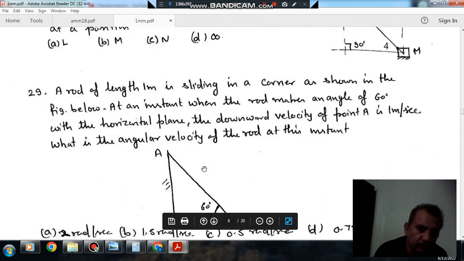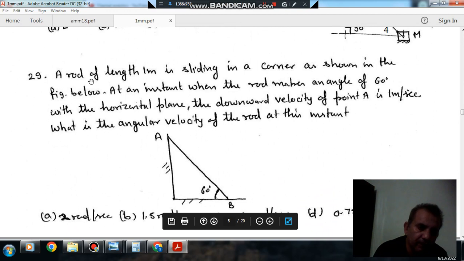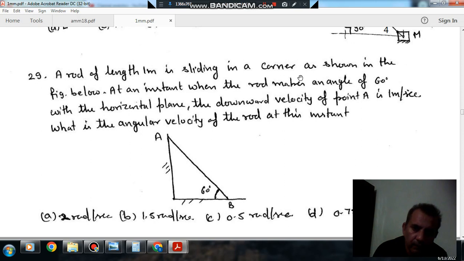Next, question number 29. A rod of length 1 meter is sliding in a corner as shown in the figure below. At an instant when the rod makes an angle of 60 degrees with the horizontal plane, the downward velocity of point A is 1 meter per second.